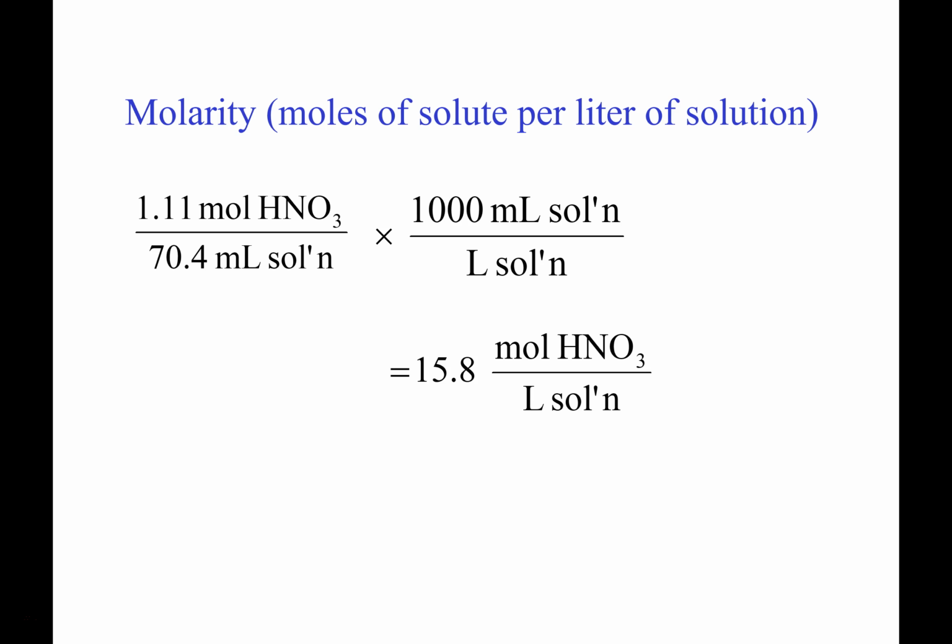So that gives us a molarity of 15.8. And that's moles of HNO3 per liter of solution. Again, if you just put 15.8 big M HNO3, that's fine. Cool. Well, that's 1 of 3.